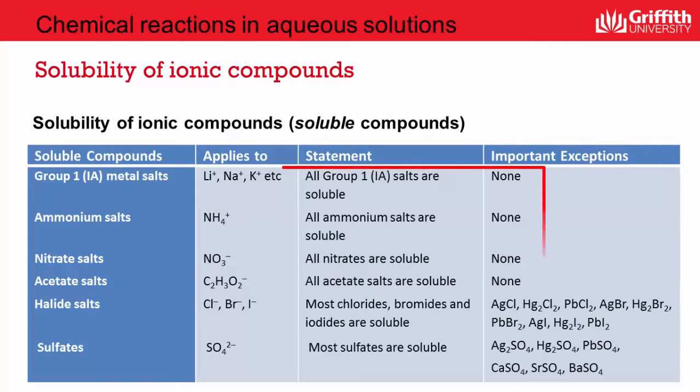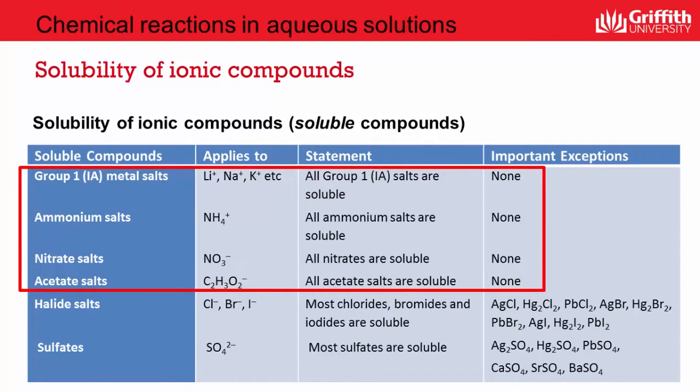What we see here is a whole list of compounds that are soluble in water with no exceptions. So all group 1 metal salts, all lithium salts, potassium salts, sodium salts, etc. are all soluble in water, and there are no exceptions. All ammonium salts are soluble in water, no exceptions. Same with nitrate salts and acetate salts. All of those soluble in water with no exceptions.